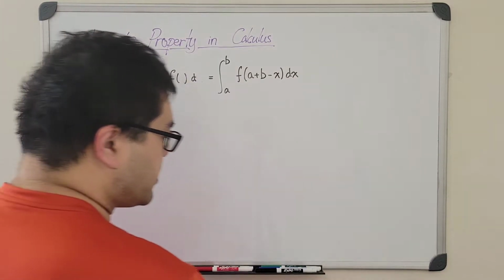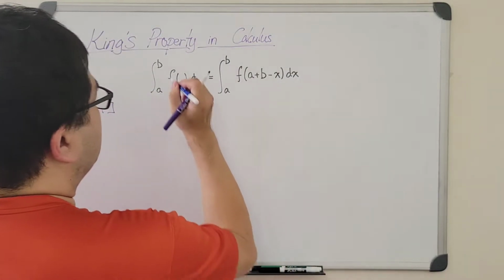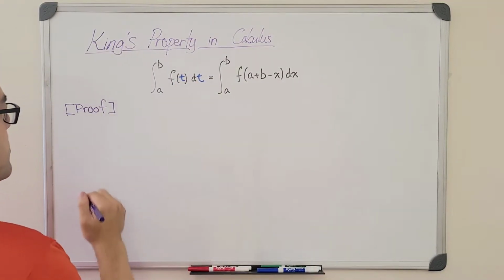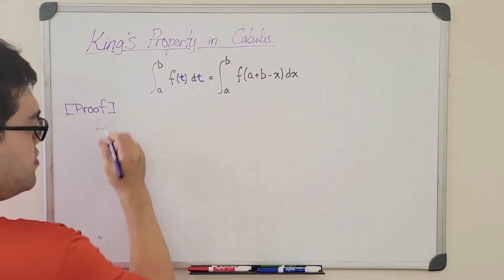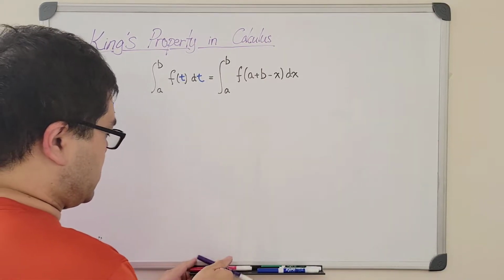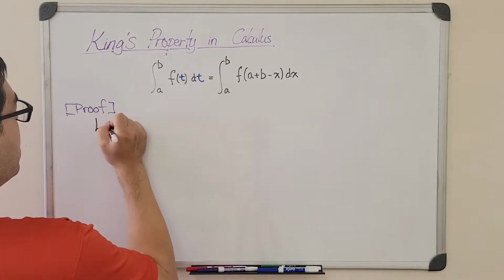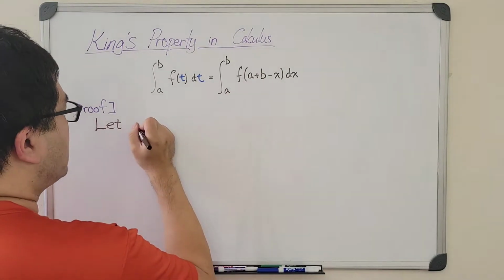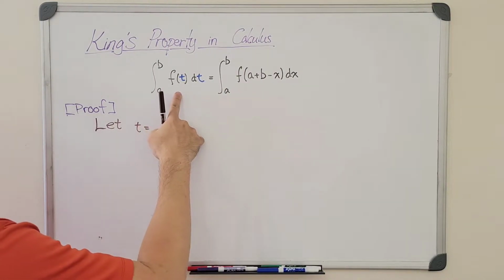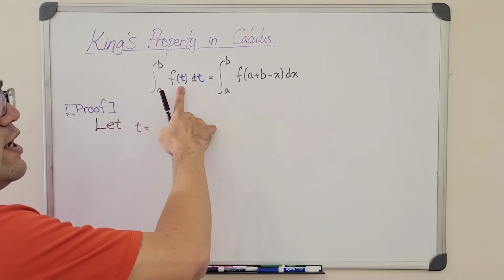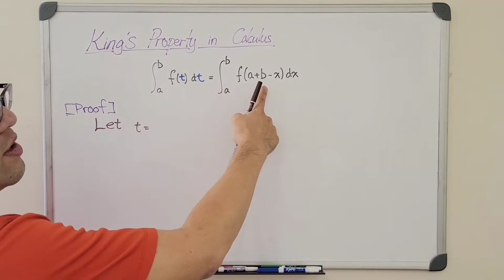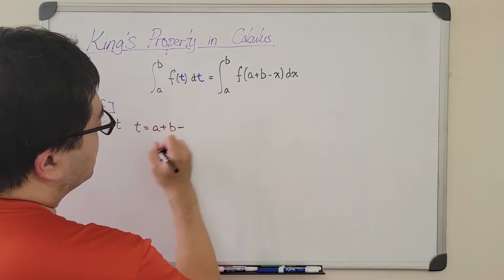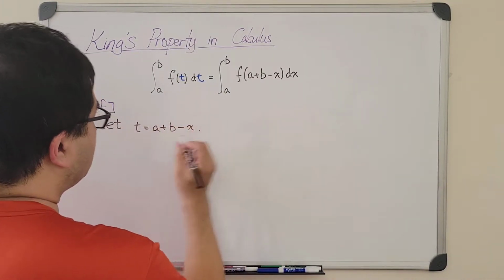I'm going to use a different color to show that it's just a dummy variable. Then we're going to let t be what we have inside, since we want to replace the input with some other new expression. So we have t equals a plus b minus x.